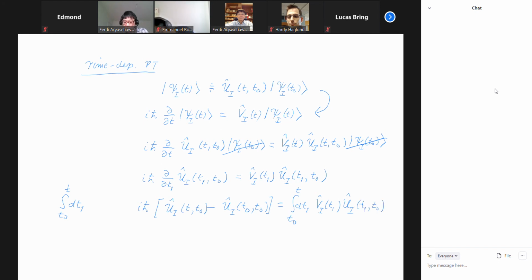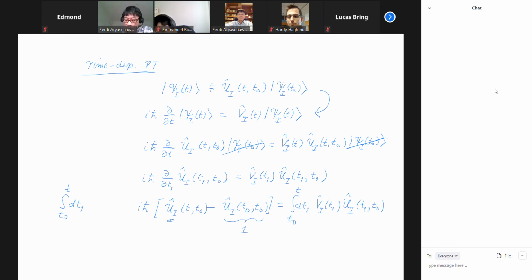But that's the whole point of this. We want to develop a perturbation expansion. U_I(t0, t0) is just one, because t0 to t0 doesn't do anything. So then we get an iterative integral equation for this time development operator.